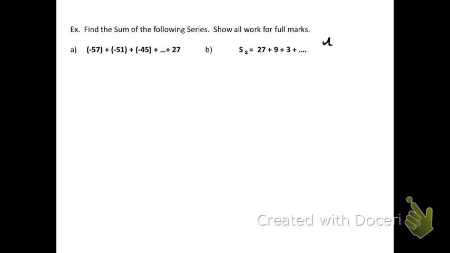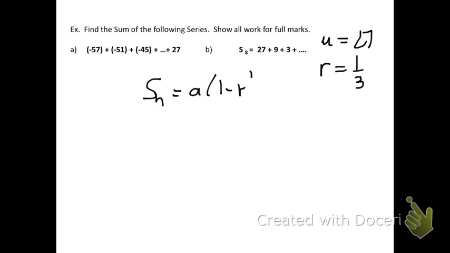So my a value for this series, my first term, sorry, is going to be 27, and my r is going to be a third. We're given a formula for the sum of a geometric series, and that formula is a times 1 minus r to the n, all over 1 minus r.